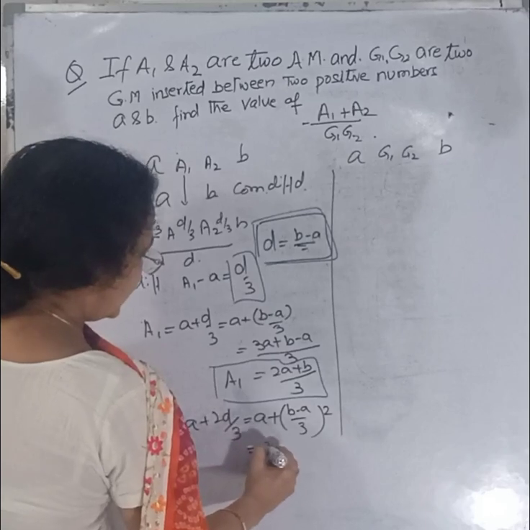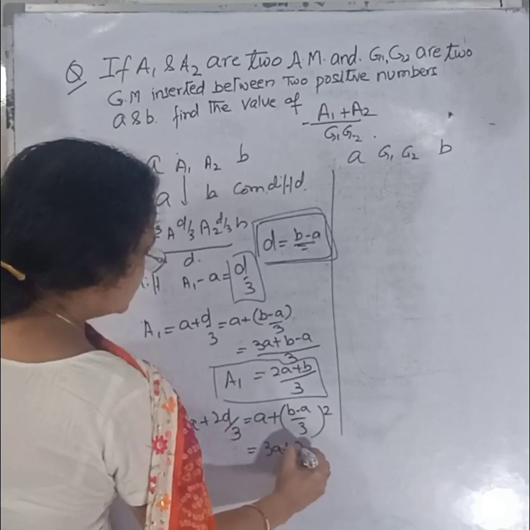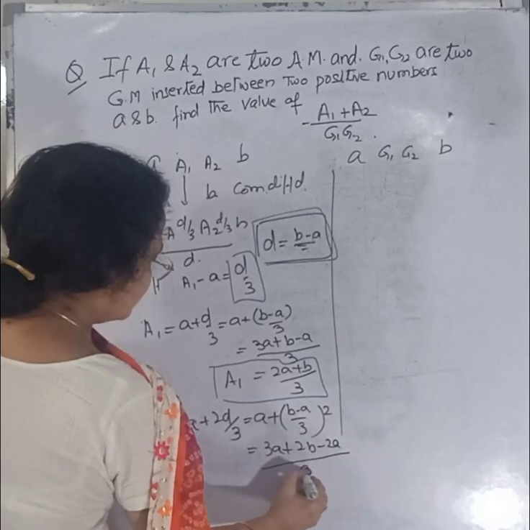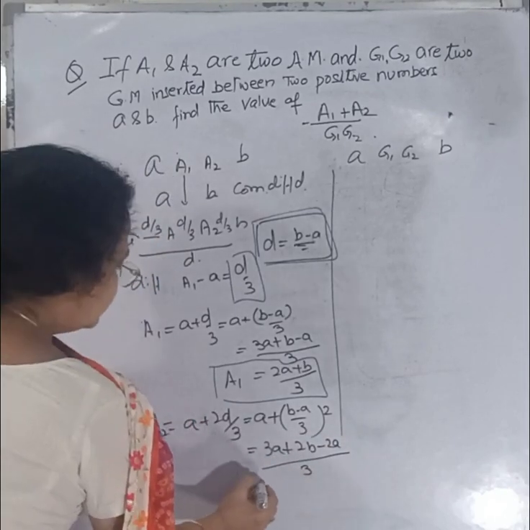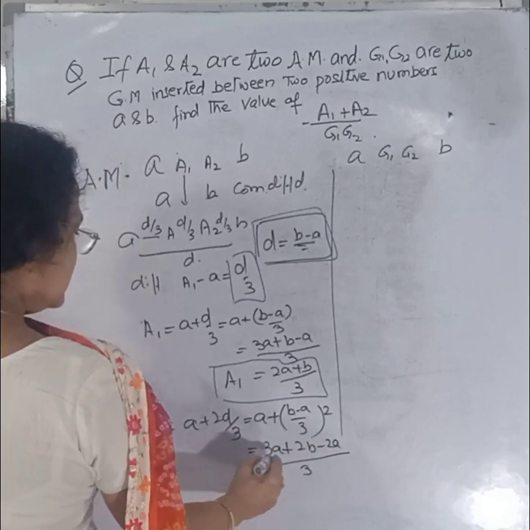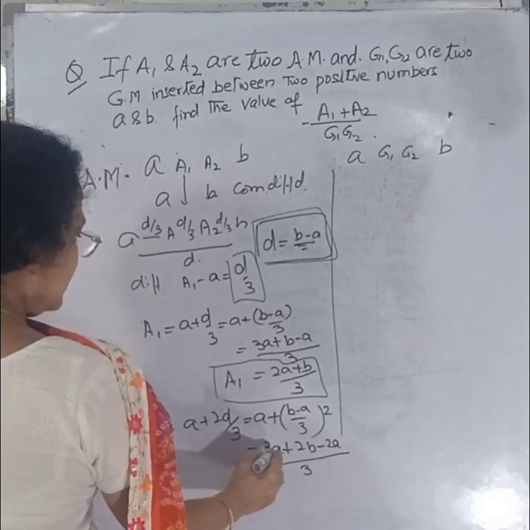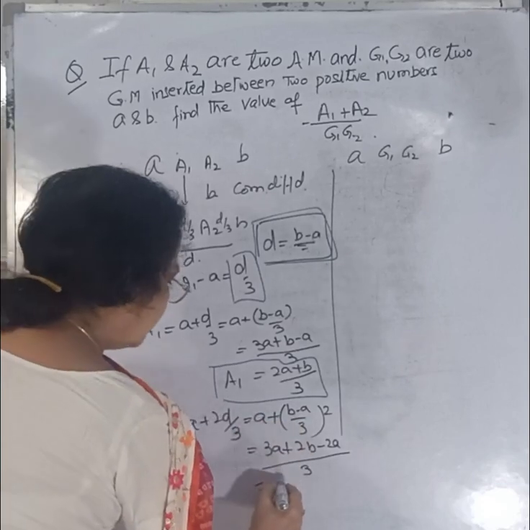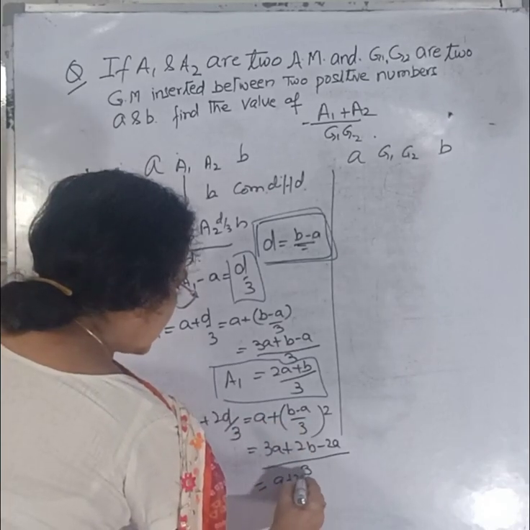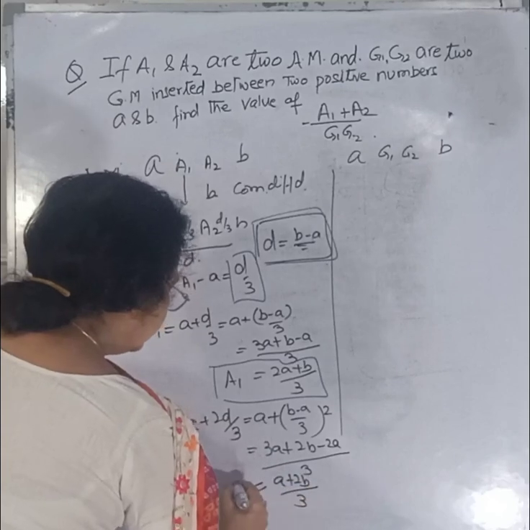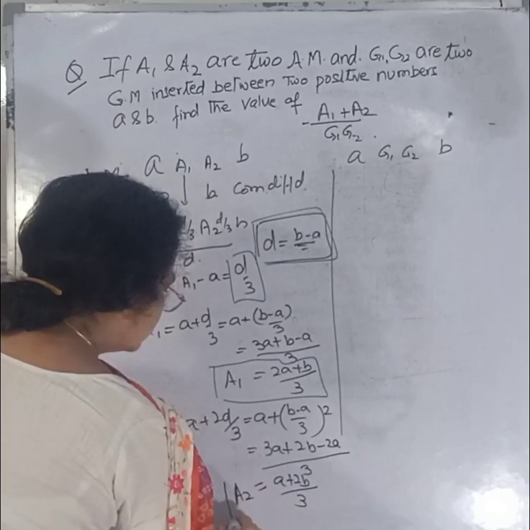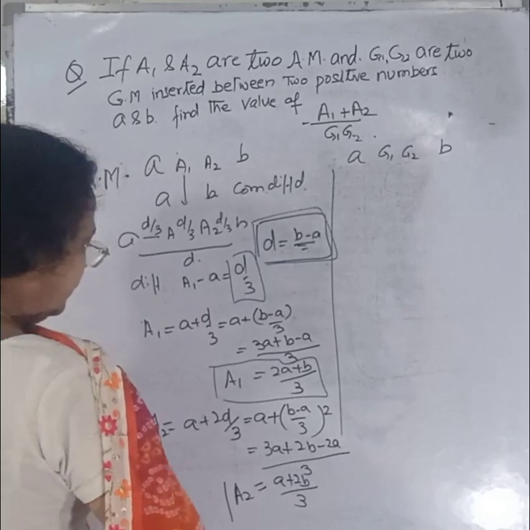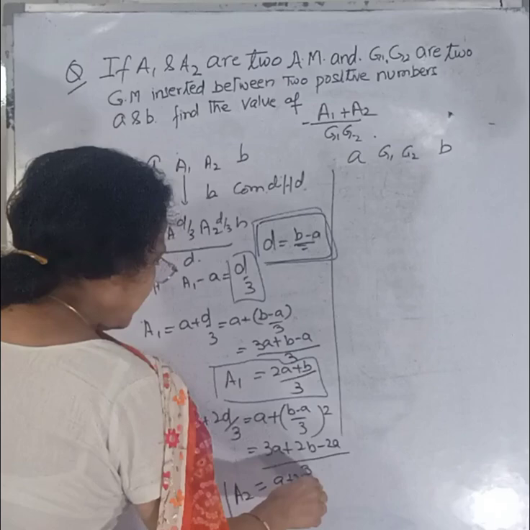This will be equal to (3A plus 2B minus 2A) upon 3, and this will be (A plus 2B) by 3. This will be the value of A2. This is also to be noted down.